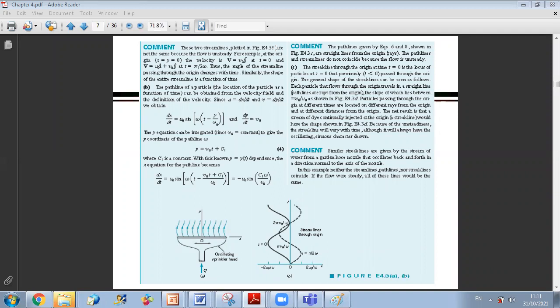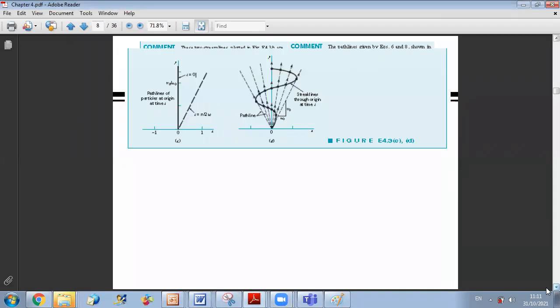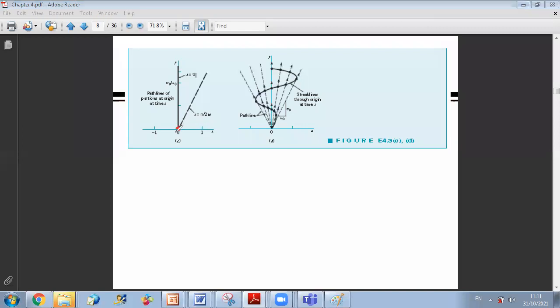So we were talking about the different path lines, okay? And we said that at t equals 0, the path line of the particle passing by the origin at t equals 0 will give us the vertical line x equals 0, okay? Now, when t was equal to pi over 2 omega, we demonstrated that the path line is a straight line of slope v0 over u0.